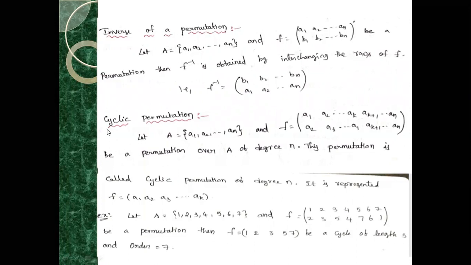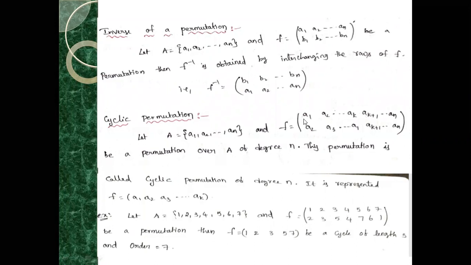Cyclic permutation. Next definition, cyclic permutation. Let A = {A1, A2 and so on An}, and F maps A1 to A2. Here you observe that A1 to A2, A2 to A3, A3 to A4, A4 to A5.